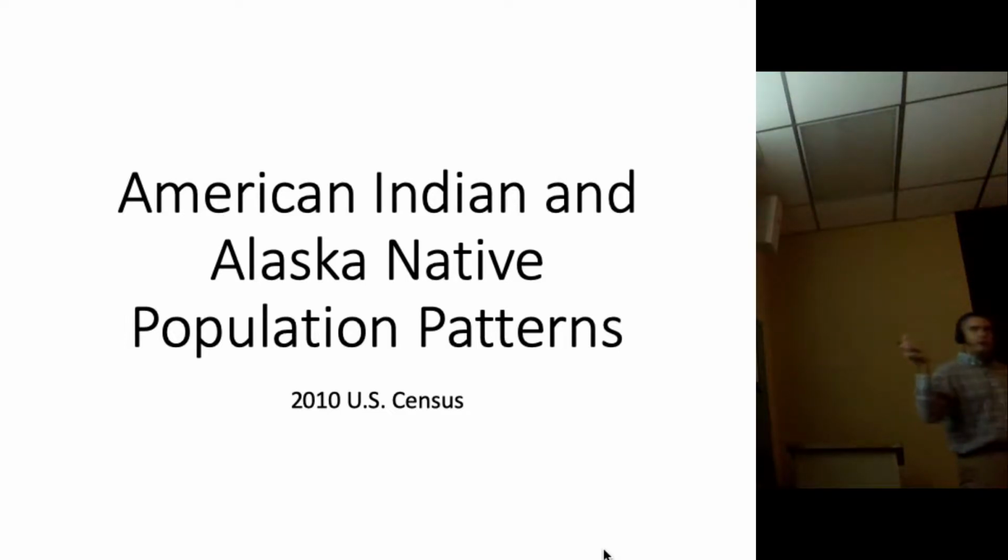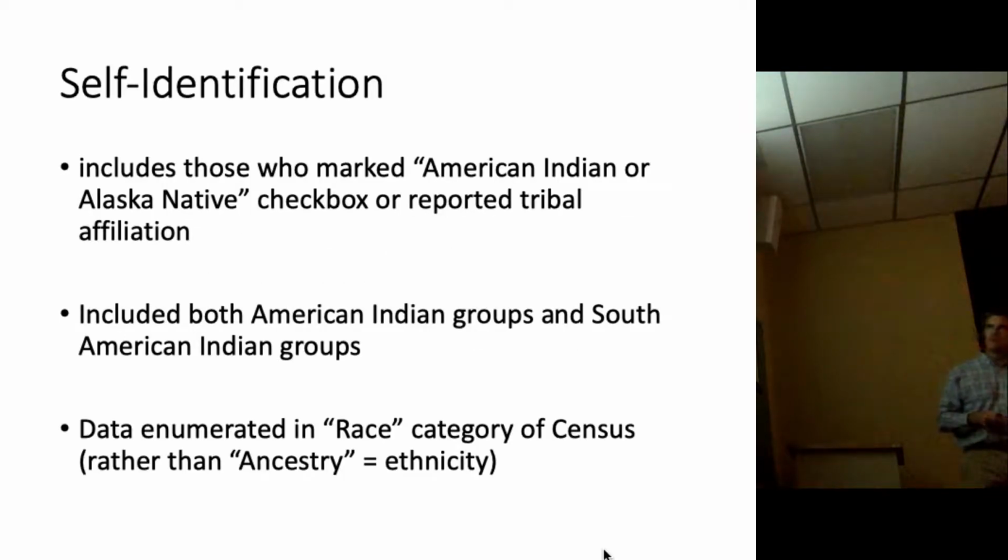And last time on the board, I said, okay, most of the American Indian population in the United States is located in the western half of the United States, west of the Mississippi River, right? So here we're going to look at some patterns that we have in the census.